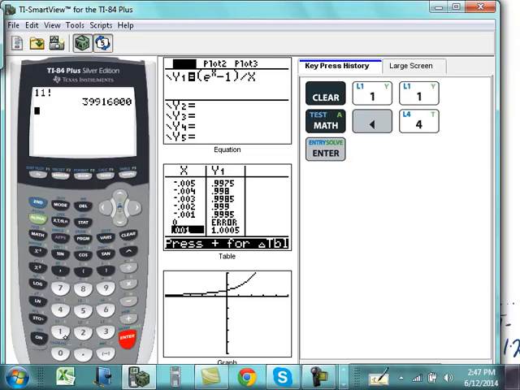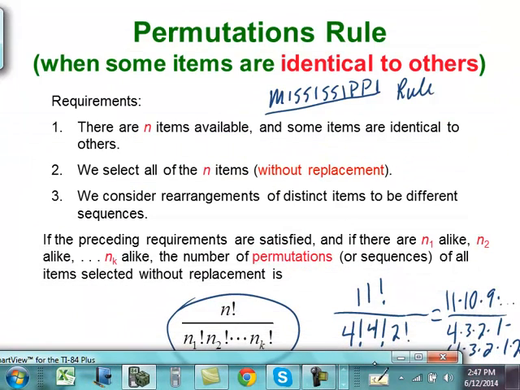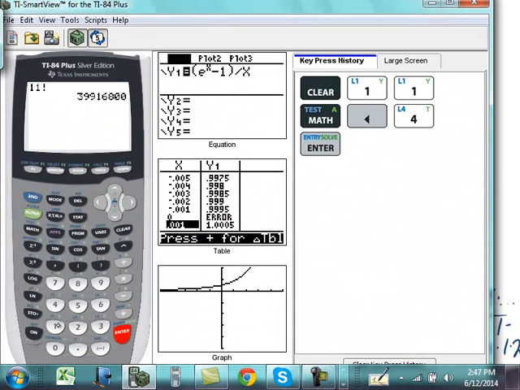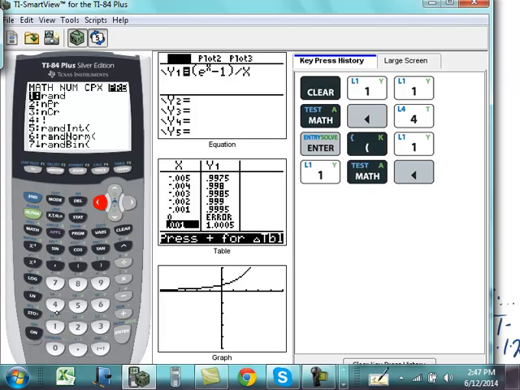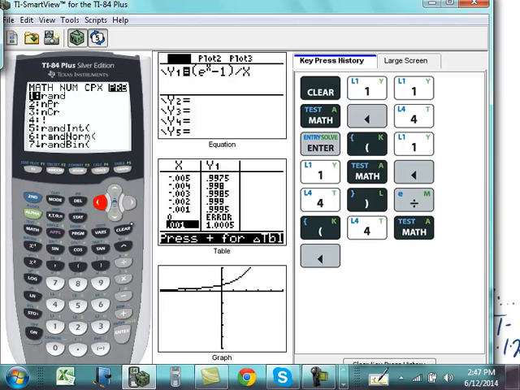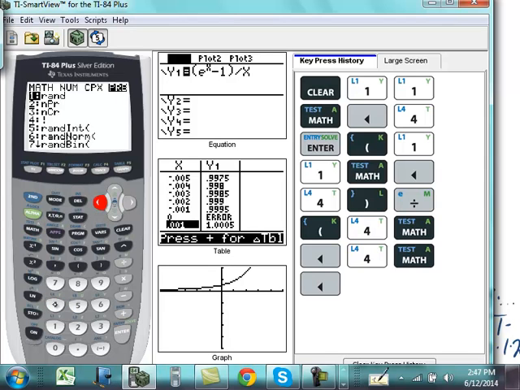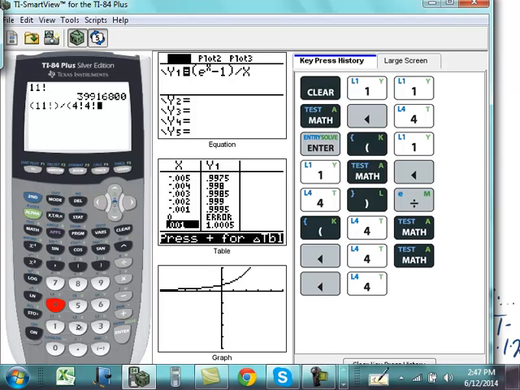Now, if you wanted to evaluate this quantity here, the number of distinguishable permutations for the letters of the word Mississippi, we can do that too. In parentheses, we could do 11 factorial, and then close parentheses, divided by open parentheses 4 factorial times 4 factorial times 2 factorial, but 2 factorial is 2, so we'll just leave that as 2.